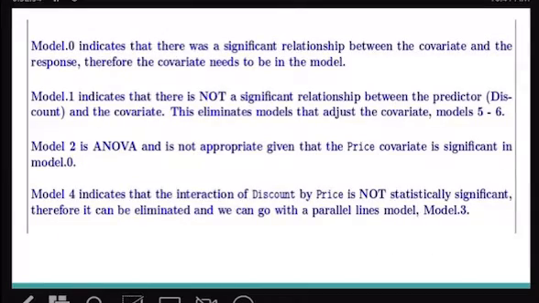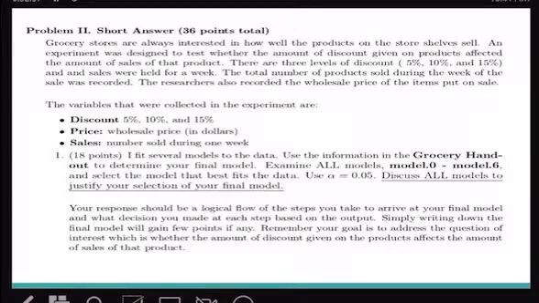Now, this is what I'm trying to say. They gave you this: your response should be a logical flow of the steps you will take to arrive at your final model, and what decision you made at each step based on the output, the output that I showed you the other time. Simply writing down the final model will gain few points, if any. Remember, your goal is to address the question of interest, which is whether the amount of discount given on the product affects the amount of sales of that product.